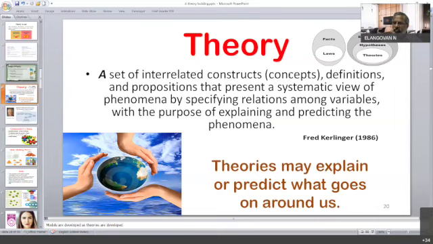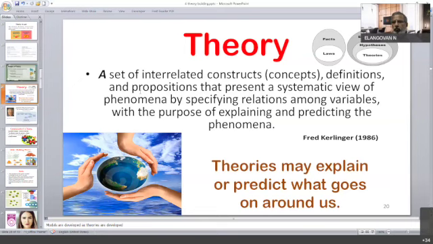A theory is not just one variable. A theory is about two variables. Interrelated constructs, their definition, means that you should be able to explain what that variable, that construct, or that concept is. So the first thing is its definition.